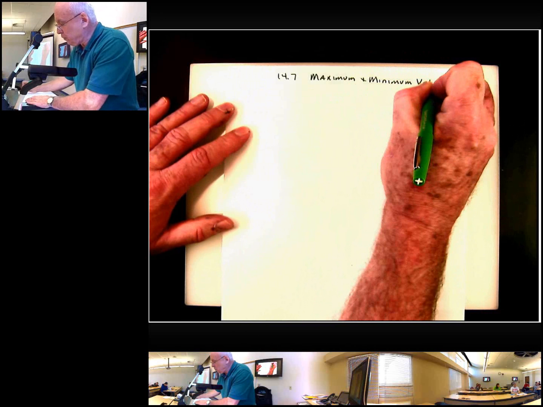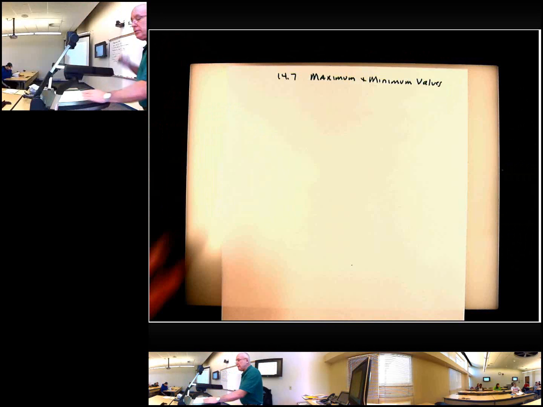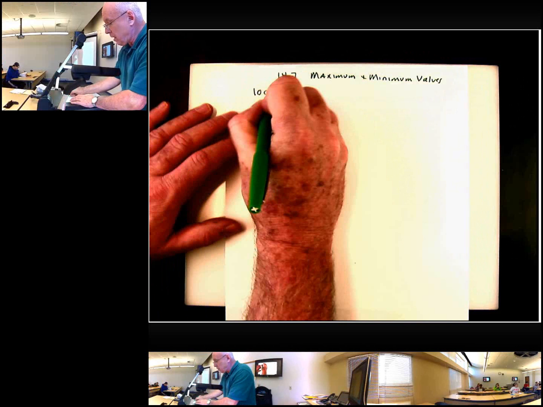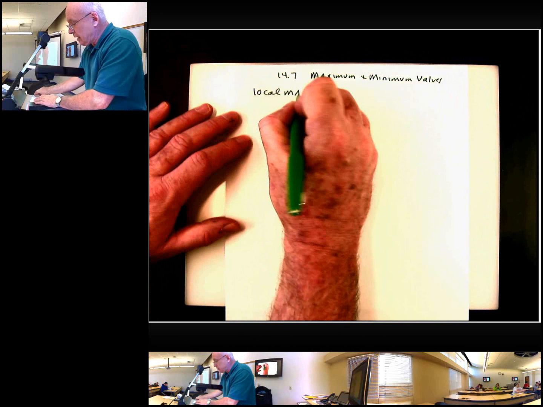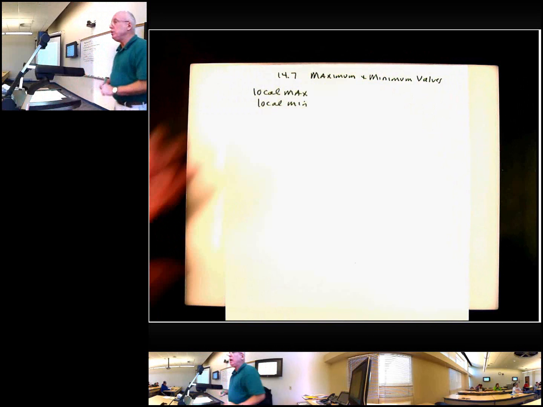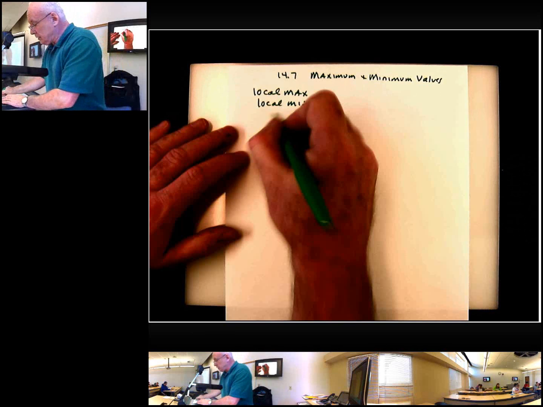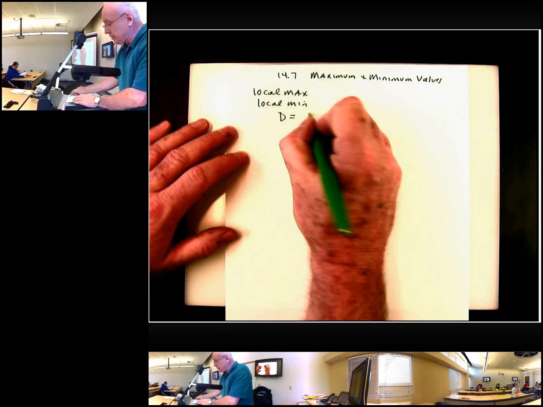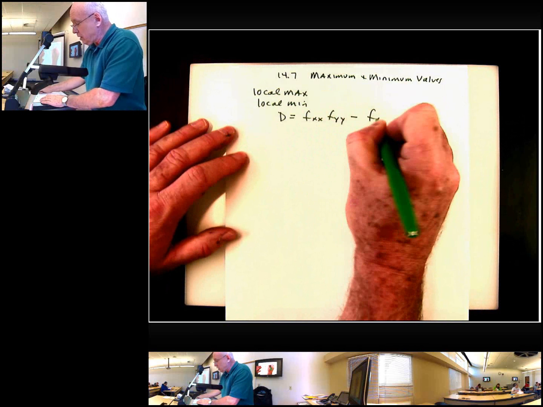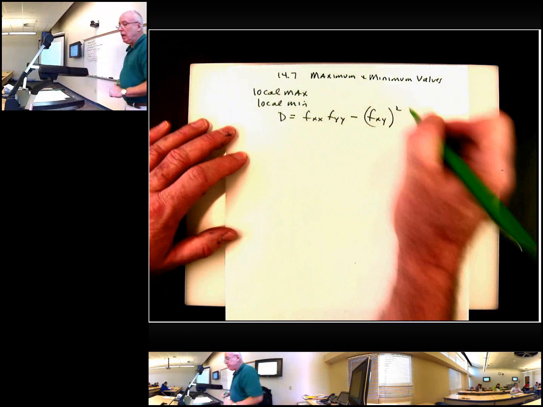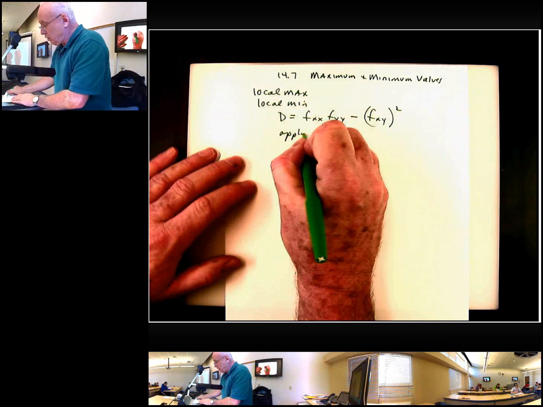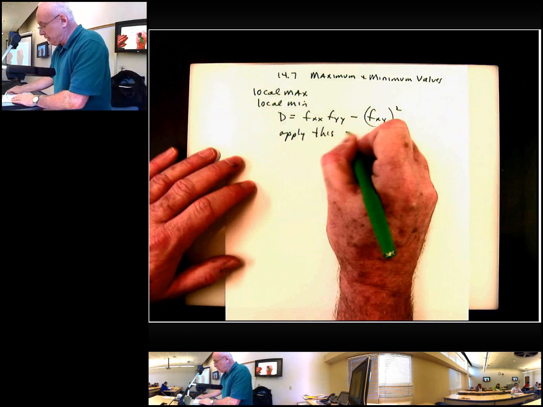And the first part of this that we looked at last time, we're finding local maximums and local minimums, and we use the formula D equals fxx times fyy minus fxy squared, and we apply this to critical points.